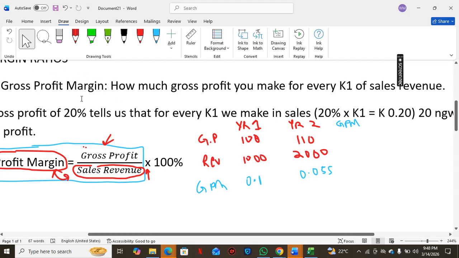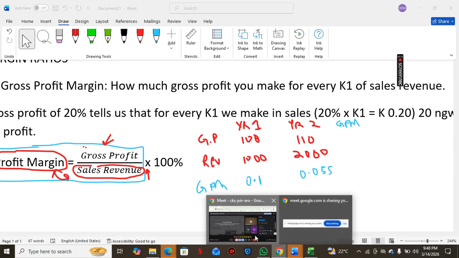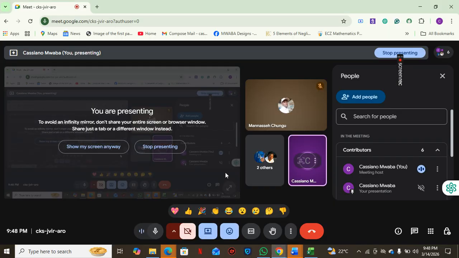So basically what it's telling you is you're making less gross profit for every sale that you make. That's how you interpret a drop in gross profit margin. For a company, it's good that sales increase, but how much of that sales revenue are you keeping? That's where the secret is.